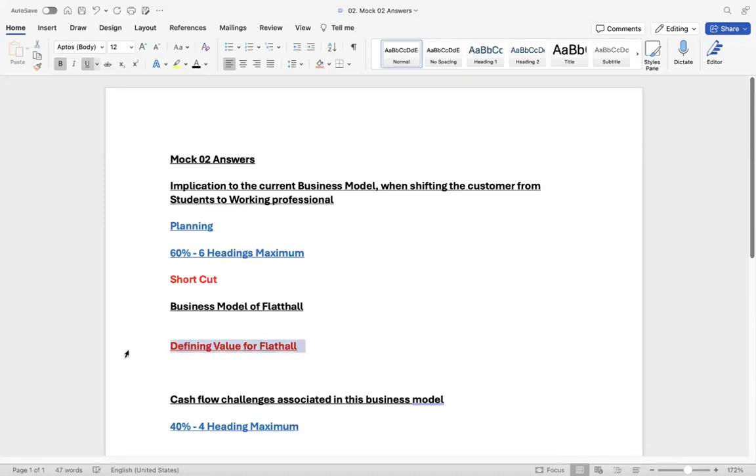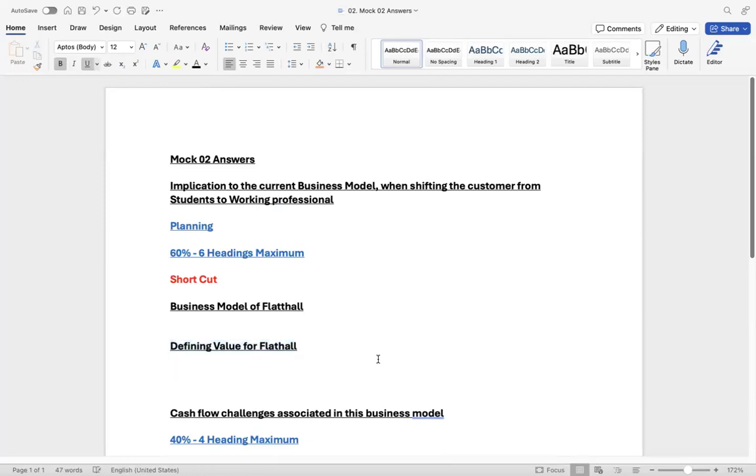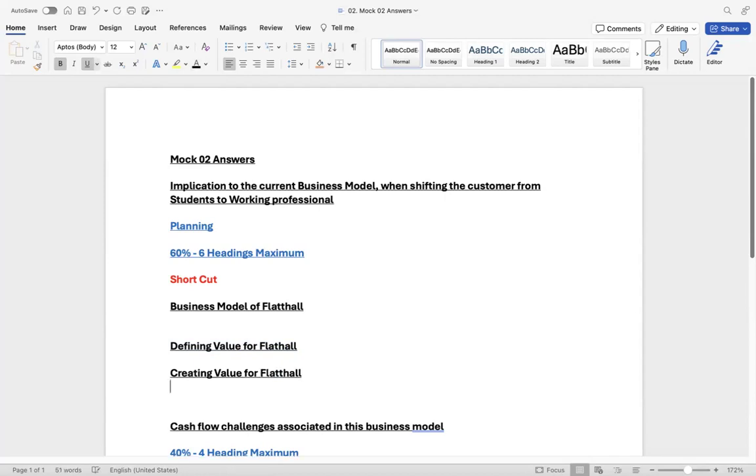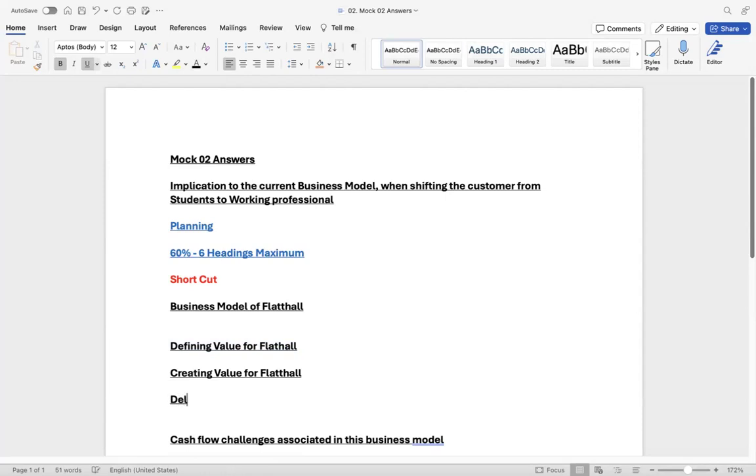I will also teach you how you can minimize repeating the same thing again in the examination. After defining value, I'll write creating value, because creating value is also an important thing for FlattHall. Then I will continue writing delivering value, because delivering value is also important. Delivering value for FlattHall.